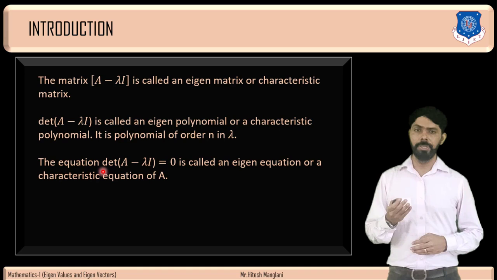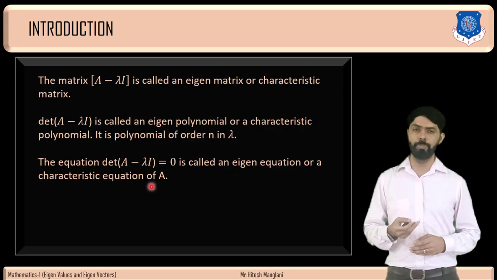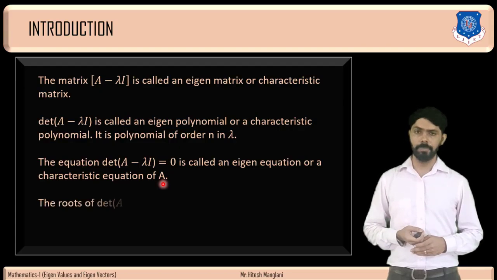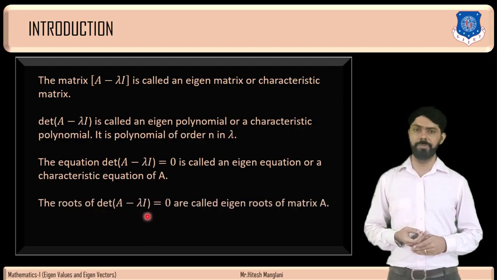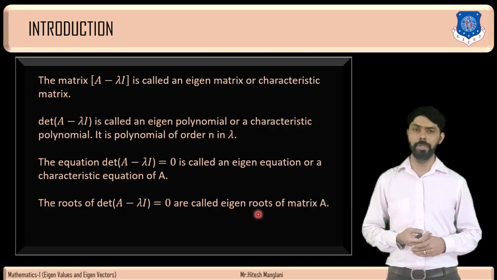So the equation determinant of A minus lambda I is equal to 0 is called an Eigen equation or a characteristic equation of matrix A. The roots of this characteristic equation are called Eigen roots of matrix A. So if we have to find the eigenvalues of a matrix, then we will find the roots of the characteristic equation, that is determinant A minus lambda I is equal to 0. These roots are called eigenvalues of matrix A.